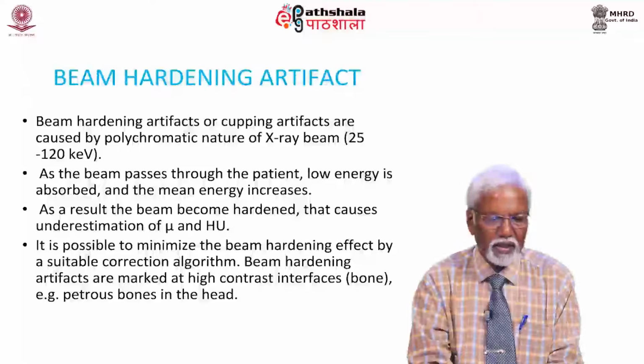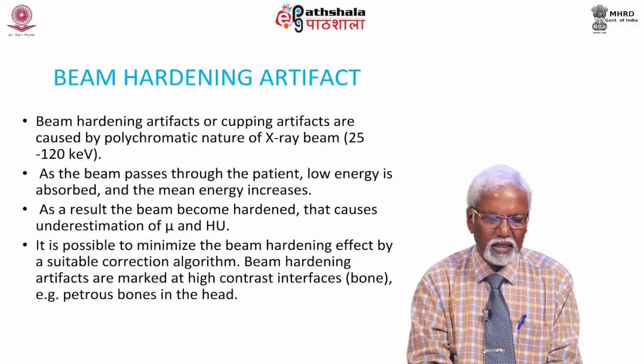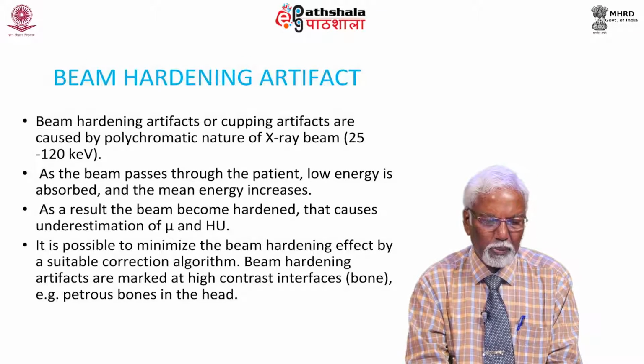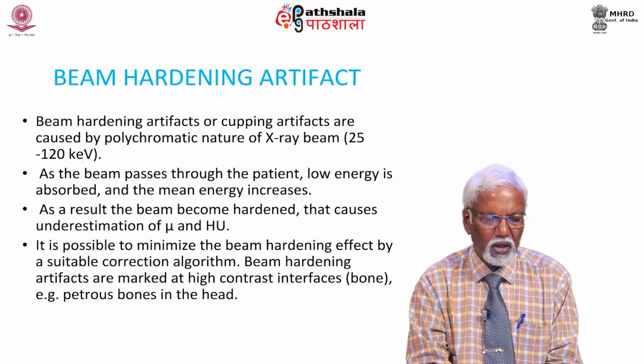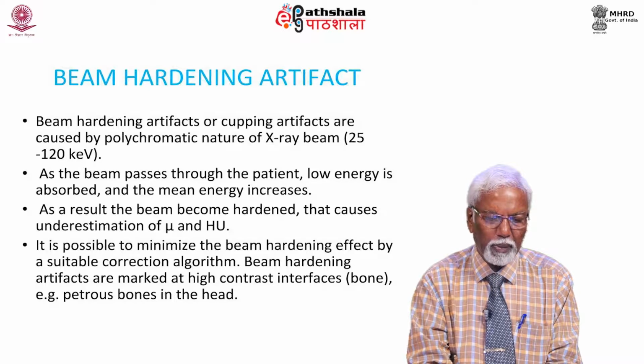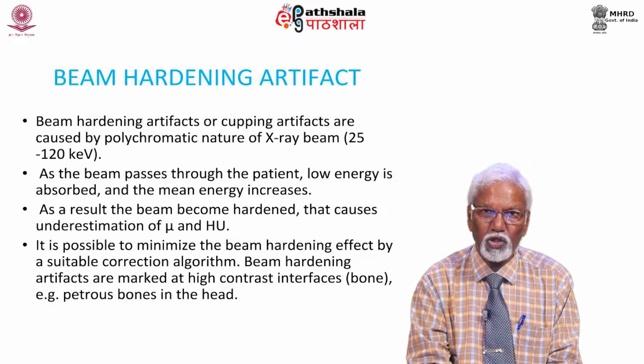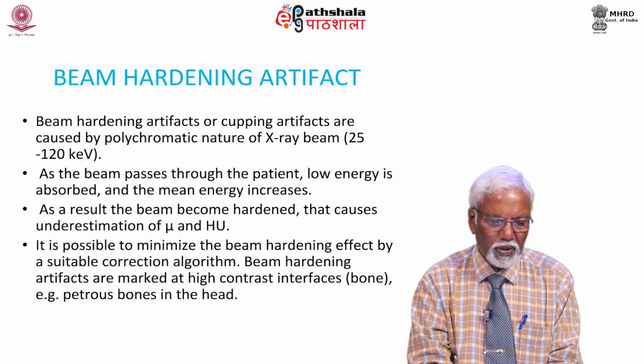Beam hardening artifact. Beam hardening artifact or cupping artifact is caused by the polychromatic nature of the X-ray beam. As the beam passes through the patient, low energy is absorbed and the mean energy increases. As a result, the beam becomes hardened, which causes underestimation of mu and Hounsfield unit. It is possible to minimize the beam hardening effect by a suitable correction algorithm.